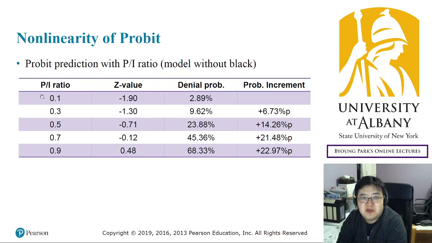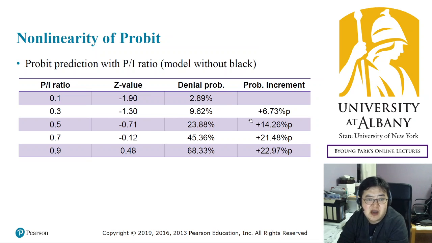If your PI ratio is 0.1, then you are going to be denied with 2.89%. If your PI ratio is 30%, you will be denied with 9.62%. And so on for 50%, 70%, 90%. So the denial probability is calculated. And then finally, I calculated the difference, the increment, how much the probability increases in each interval.